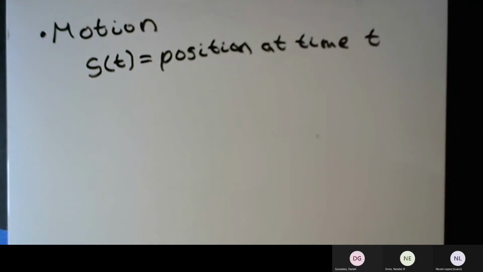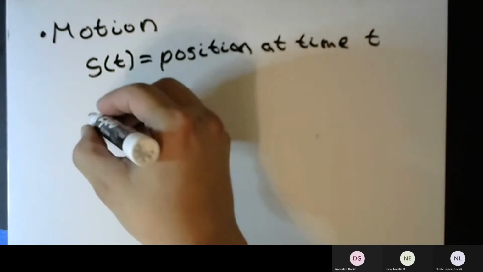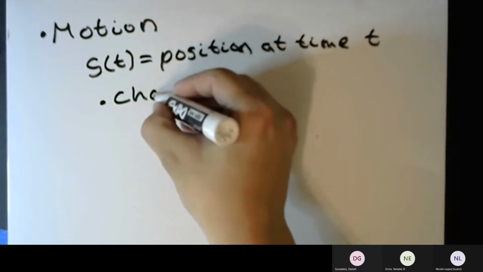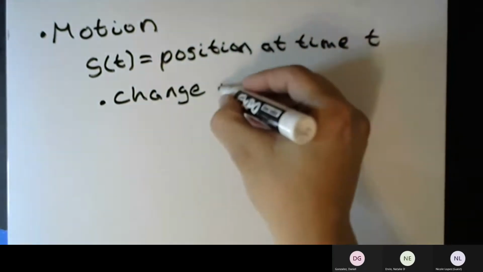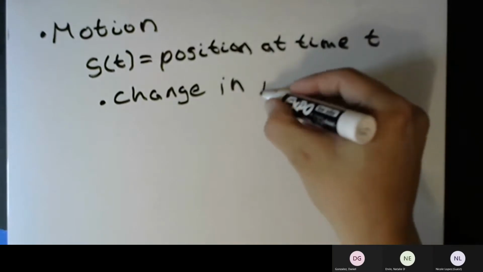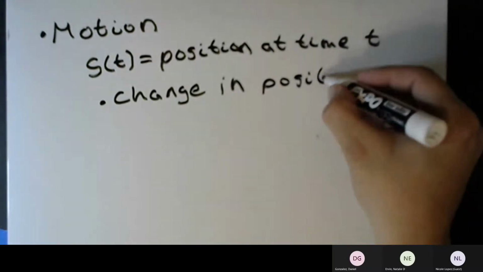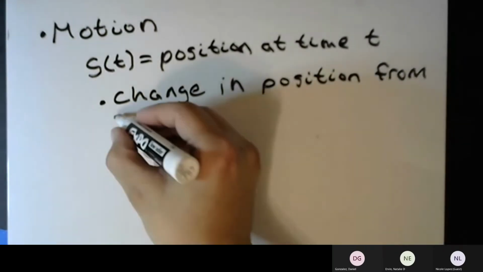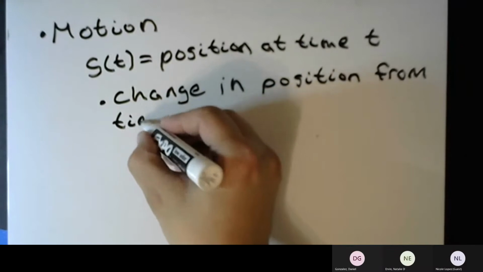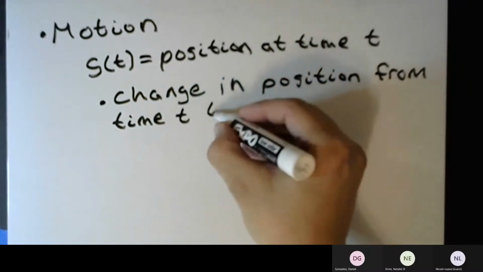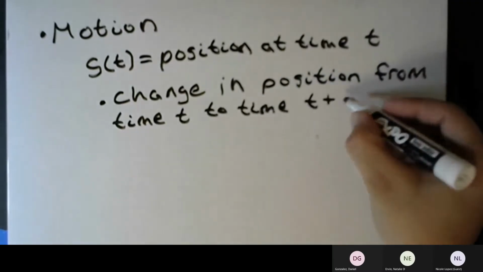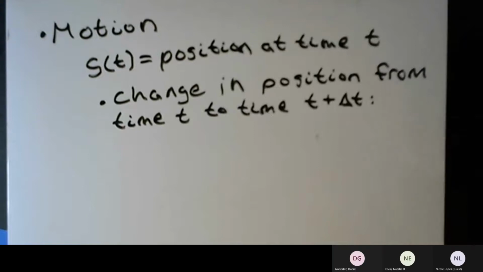And what we typically say is that the change in position from time t to time t plus delta t is given as this.